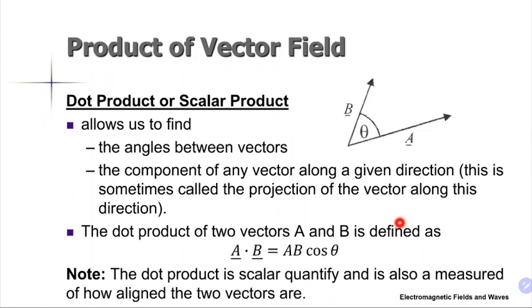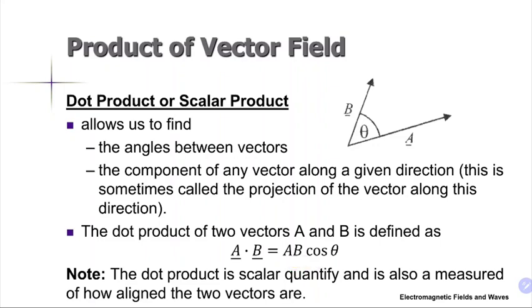Okay, so the dot product, we write as A dot B, and mathematically that is equal to the magnitude of vector A times the magnitude of vector B, times cosine theta.